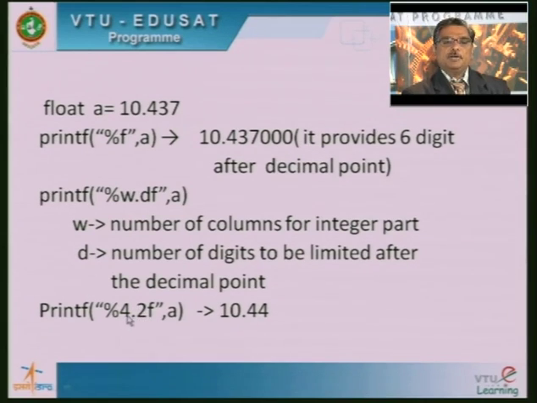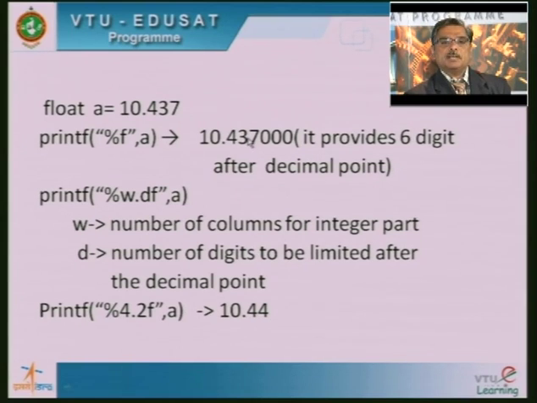Here 4 is the number of columns for the integer part to be printed. For the same example a, when you want to print, instead of using %f only, you attach %4.2f in double quotes, put a comma, then in the output we will get 10.44.